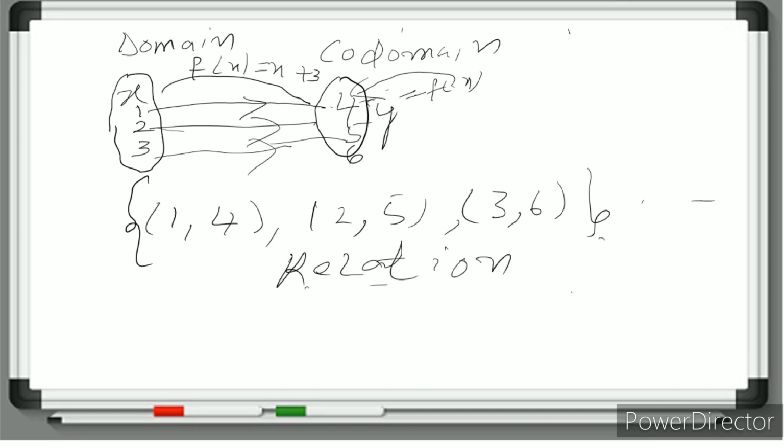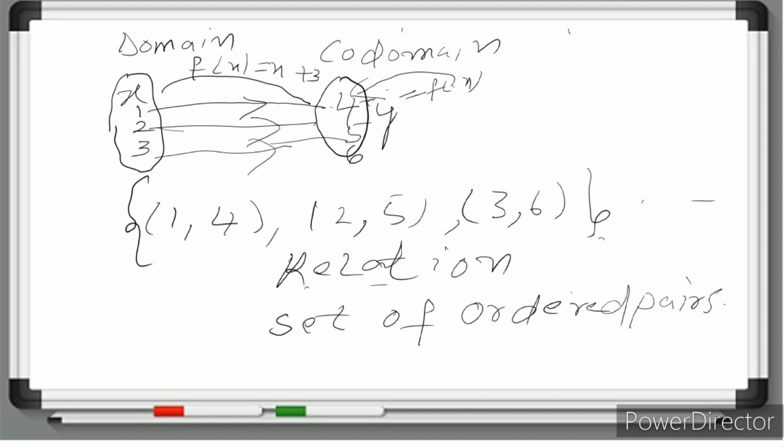A relation is nothing but a set of ordered pairs. What a set is, that is a different thing I will discuss with you another time. So here we enclose these ordered pairs in flower brackets. We call them a set. So a set of ordered pairs is known as a relation.